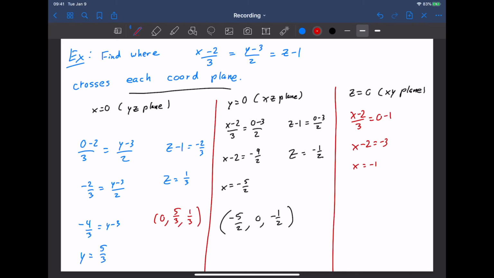Also, y minus 3 over 2 equals 0 minus 1. Y minus 3 equals negative 2. Y equals 1. So negative 1, 1, 0. Okay, so 3 intercepts for that line. It's kind of like it's going to cross each of these planes at a different point.